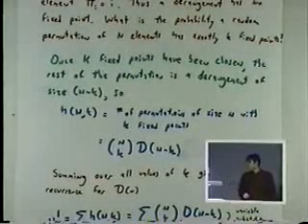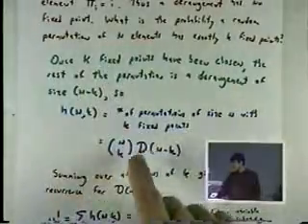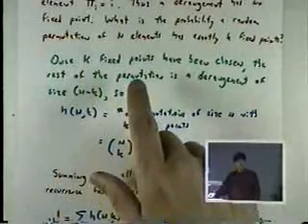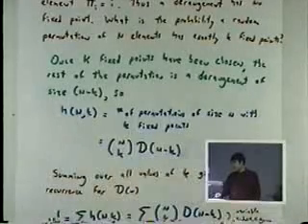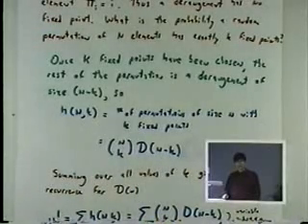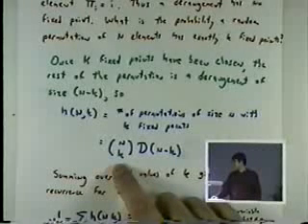If we want exactly k elements out of n to be fixed points, there are n choose k ways to pick those fixed points, right?